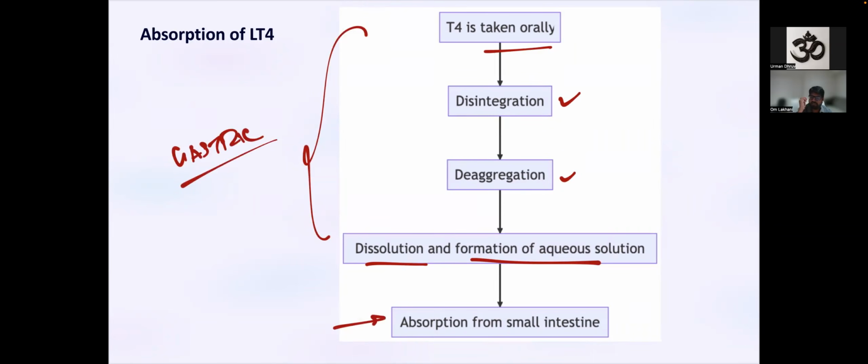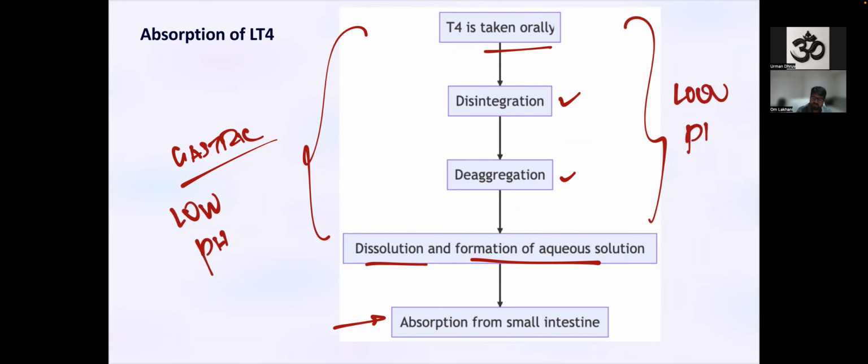Now, very important, I think another take home message for today: all this occurs at low pH, right? So low pH is very important for disintegration and deaggregation and dissolution of the levothyroxine tablet, right? If there is no low pH, then this process is often impacted, and because of that, the absorption from the small intestine is often impacted.